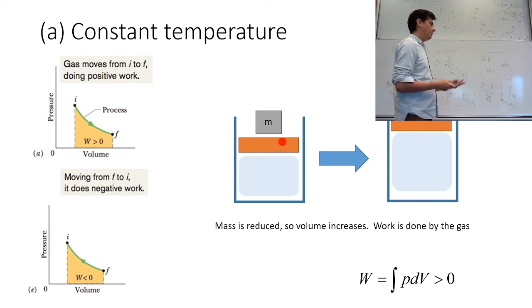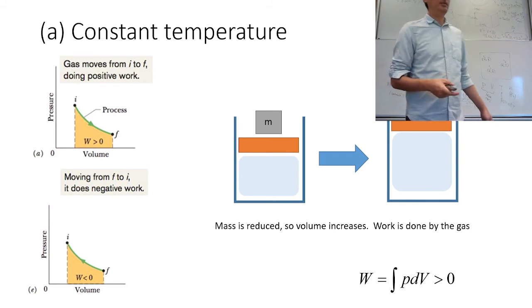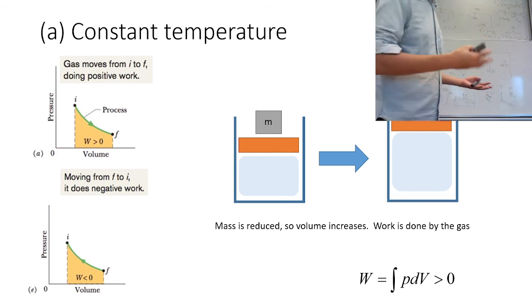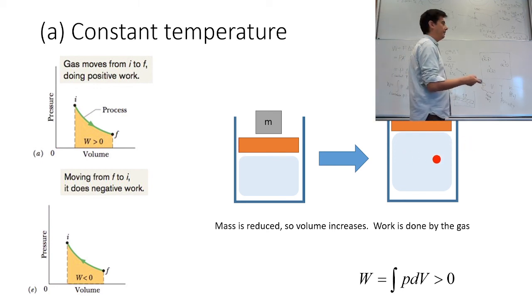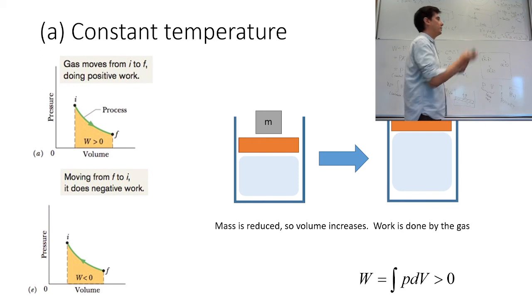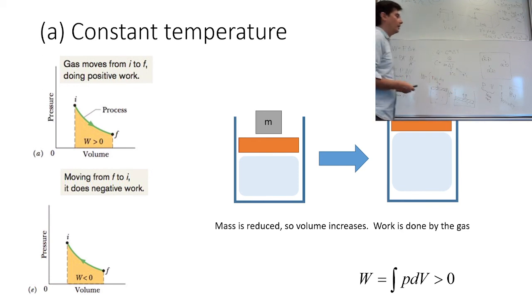And actually, what we're going to see is that the gas has lost a little bit of energy in this process. So we didn't get this for free. The gas had to use some of its energy up in order to raise this mass by some height.